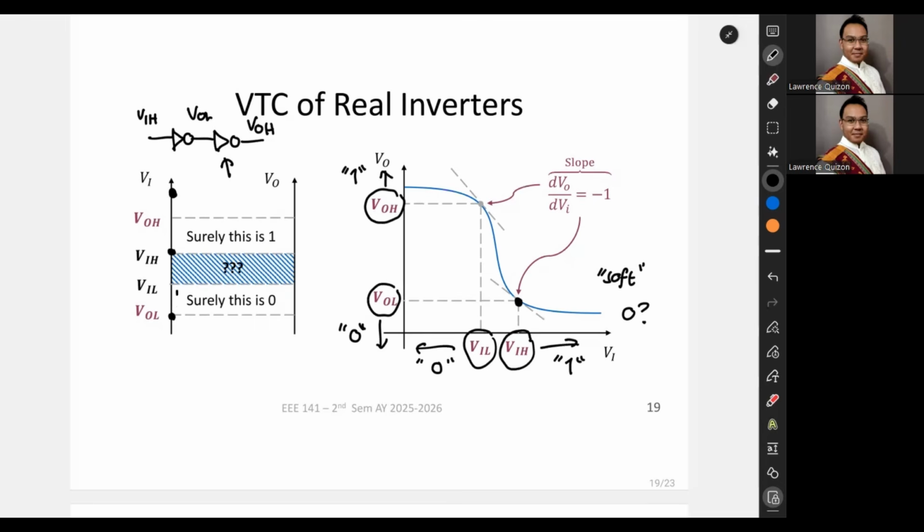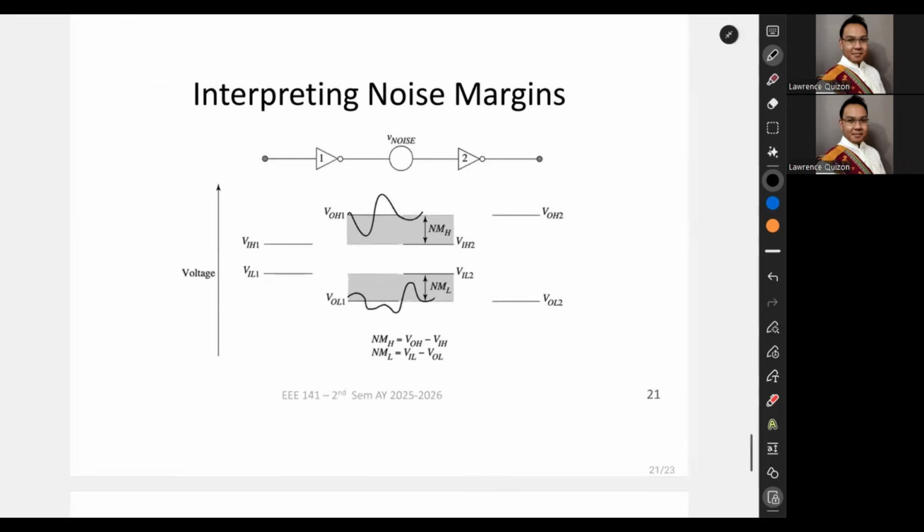So remember I mentioned margin. We introduce the concept of noise margins here. If you have an inverter that's outputting VOH, for example, how much noise can you tolerate in between the inverters such that it won't go under something that's considered still 1?